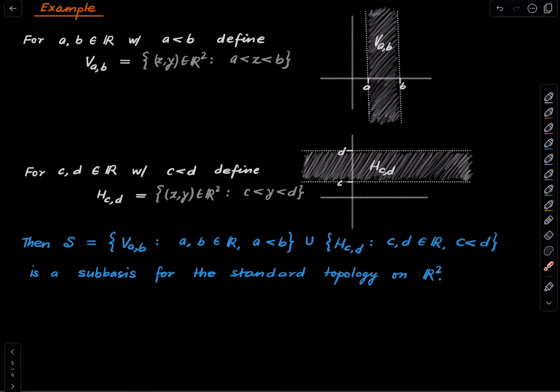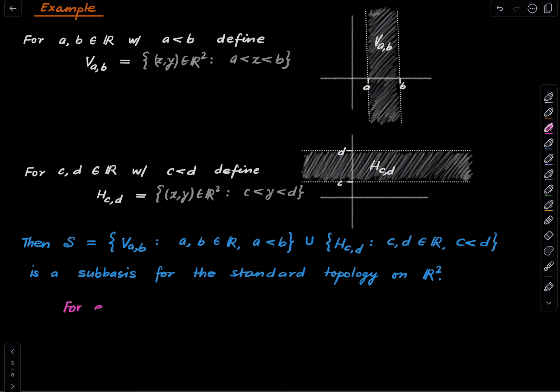And therefore, every element here is already open in R2, and every open square, or rather every ball in R2 under the infinity distance, is there in S. So let me write that statement.